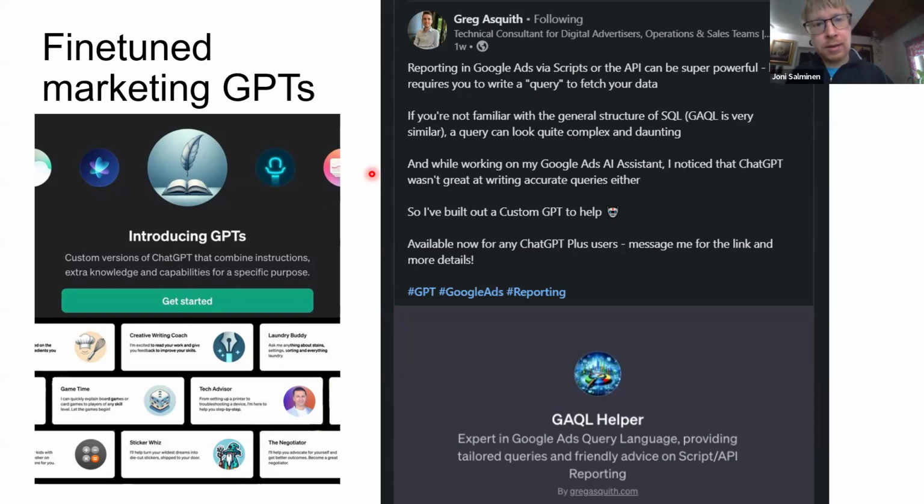So, for example, we could have a new language, well, maybe not a new language, but something that's very domain specific.